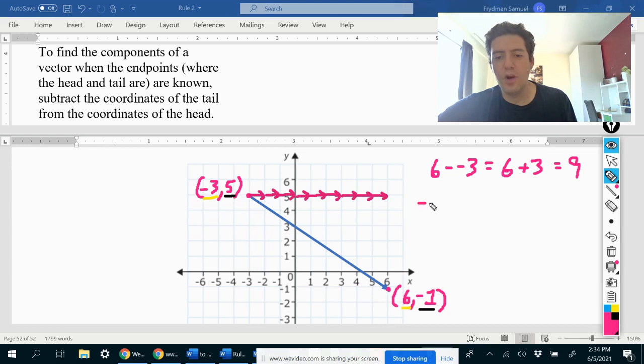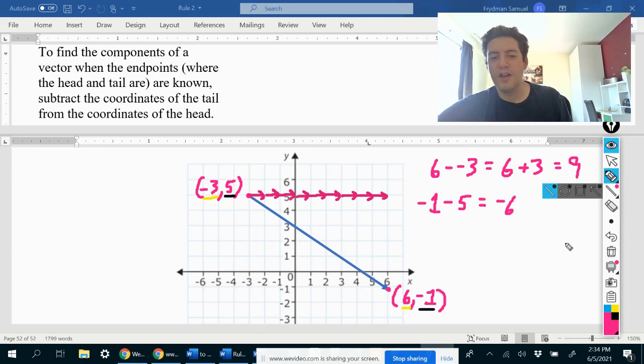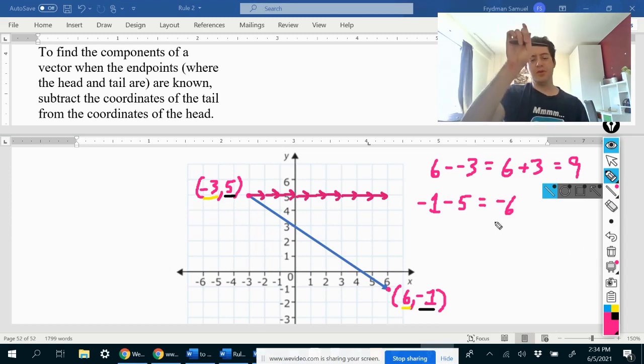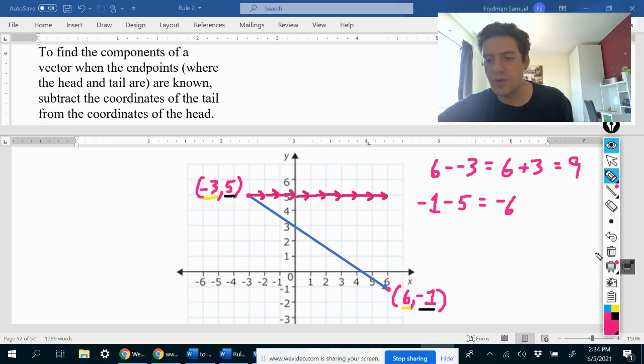So -1 minus 5 is equal to -6. Okay, and you can see that we do have the opposite of 6j vector. So a j vector is supposed to go up, but you can see that these vectors, which I'm going to draw, are going down, and we do have 6 of them. 1, 2, 3, 4, 5, 6.